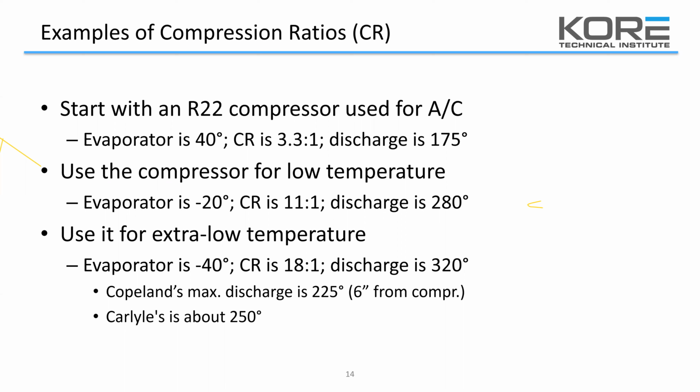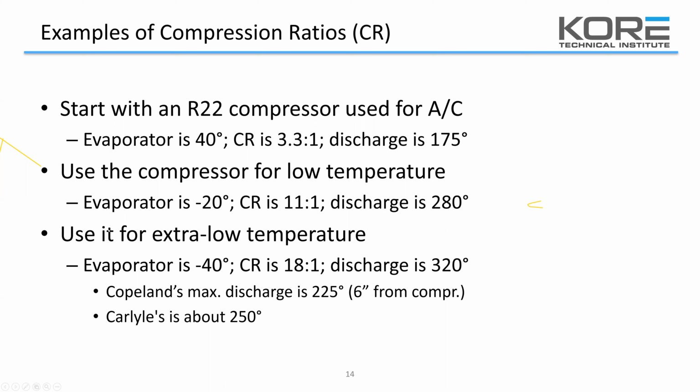The discharge temperature is roughly, we'll say, around 175 degrees Fahrenheit. That same compressor, if we apply it to a low temperature, where the evaporator is now minus 20 as opposed to plus 40, we run a calculated compression ratio of 11 to 1, and the discharge temperature now goes from 175 to 280.